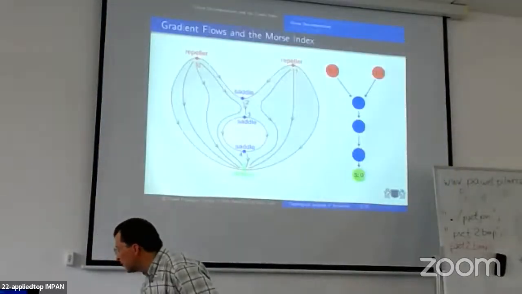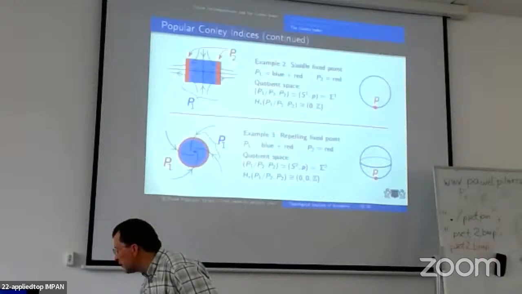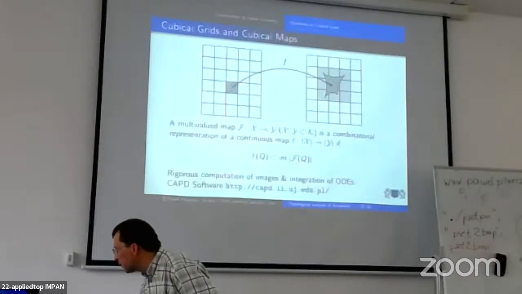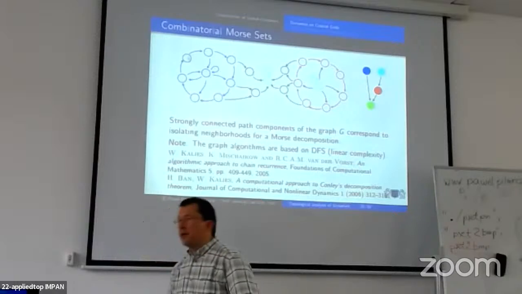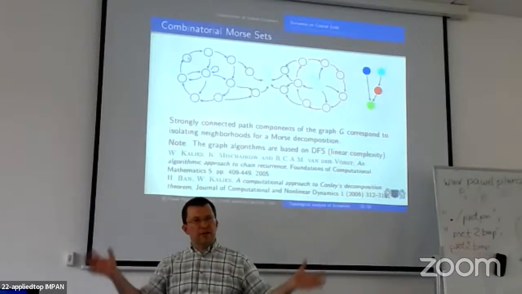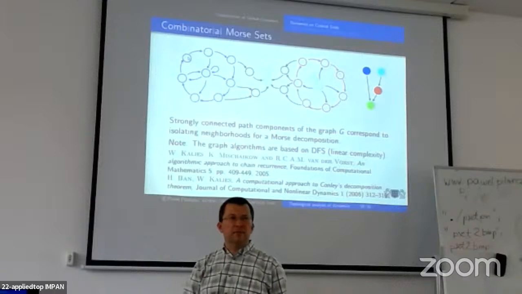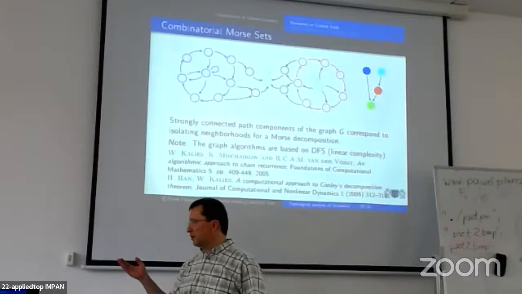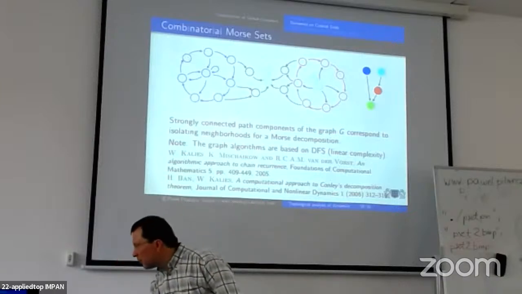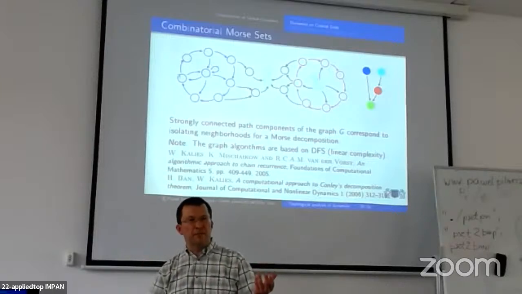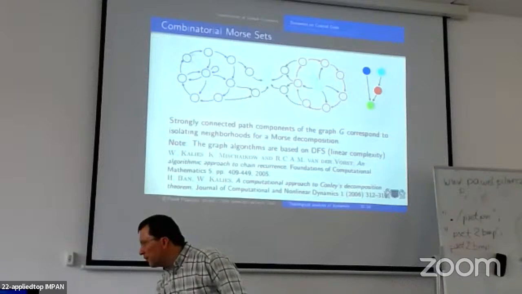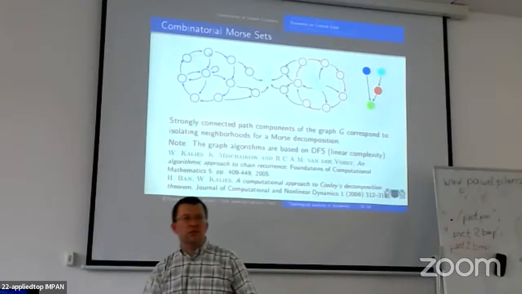Let me show the picture with the graph output. So the entire grid in the entire phase space is represented by means of a directed graph. Each of these circles corresponds to a box, to a grid element in the phase space, and each of these arrows corresponds to the map.